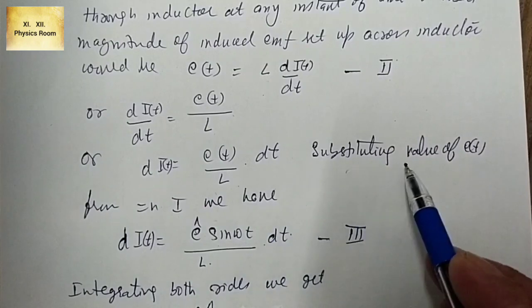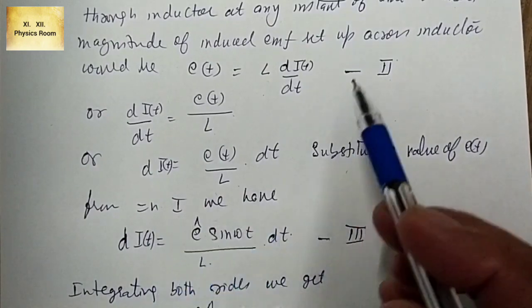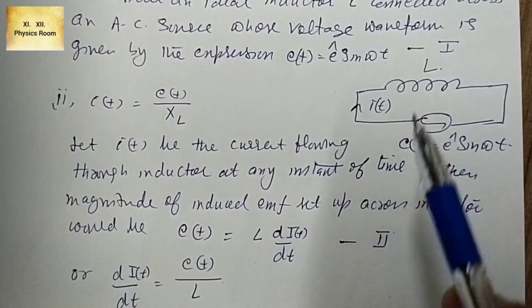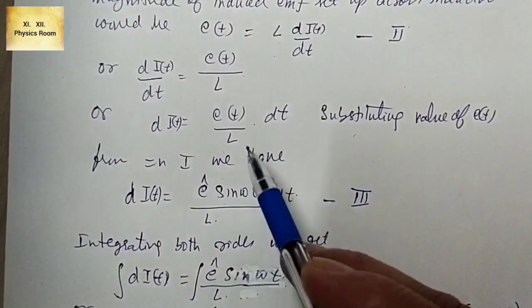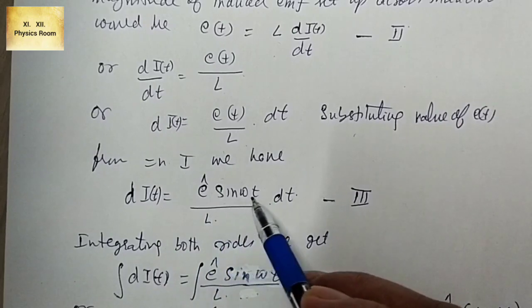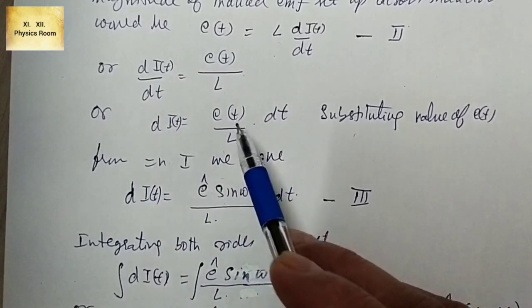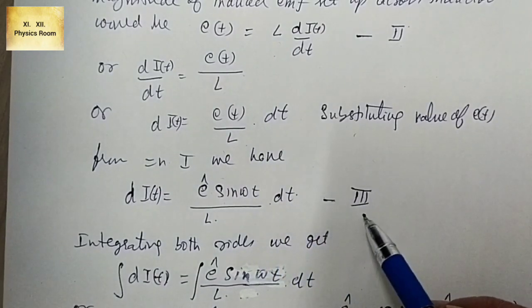Now substituting the value of E(t) from equation 1, we have di is equal to E max sine omega t divided by L into dt. Substitute the value of E(t) as E max sine omega t. Let us mark it as equation number 3.